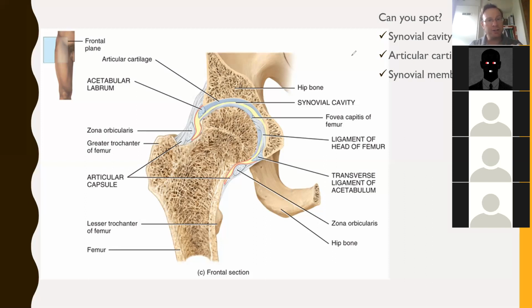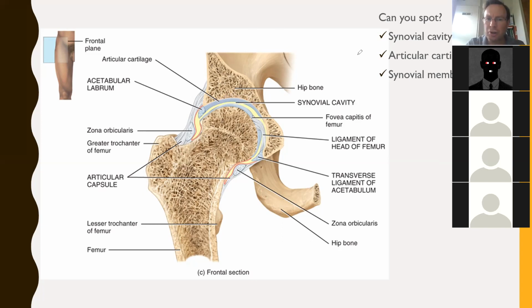So the cartilage is at the end of the joint, but also in the socket, you can see there's articular cartilage. I'm just popping it in purple over there. So we've got the socket lined with cartilage, and we've got the ball lined with cartilage.